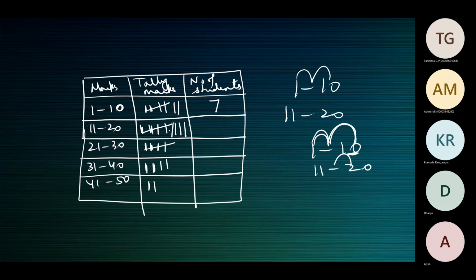21, 13. So another tally mark here. And 48 here. So I'm getting 7, 5 plus 5, 10 plus 1, 11. Oh, 21 I shouldn't have put here. Sorry. 21 will come here, the last number. 21, 13 and 48.